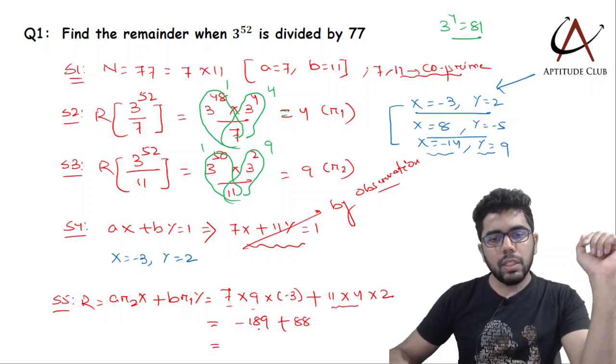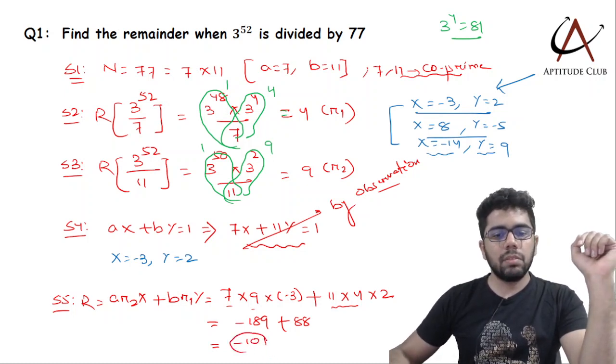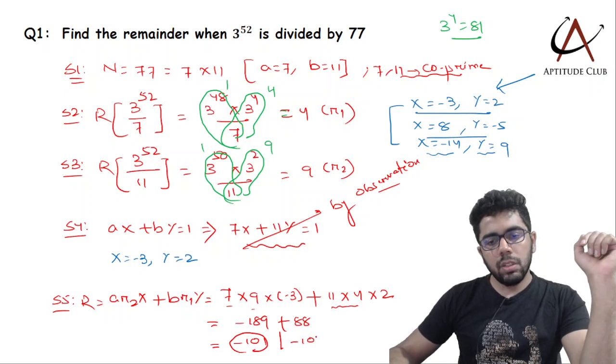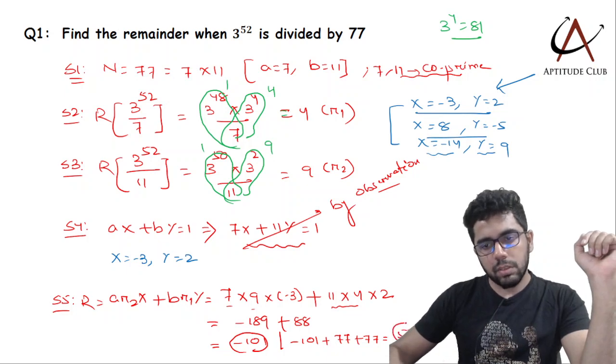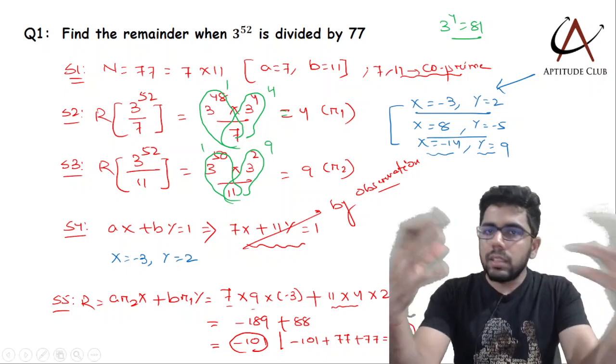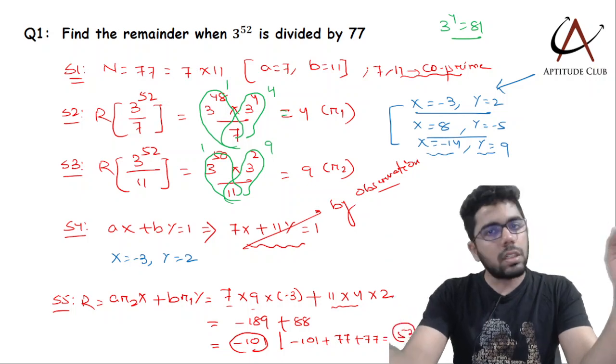So -189 plus 88 is -101. This is your negative remainder. How to make it positive? Now you add the divisor twice, 77 plus 77. So the answer is 53. To make a negative remainder positive, keep adding the divisor until it has become positive.